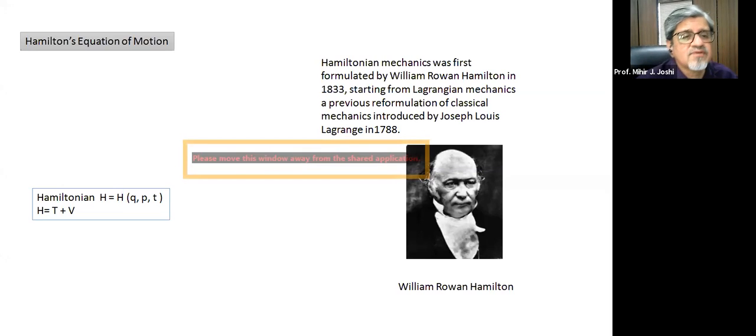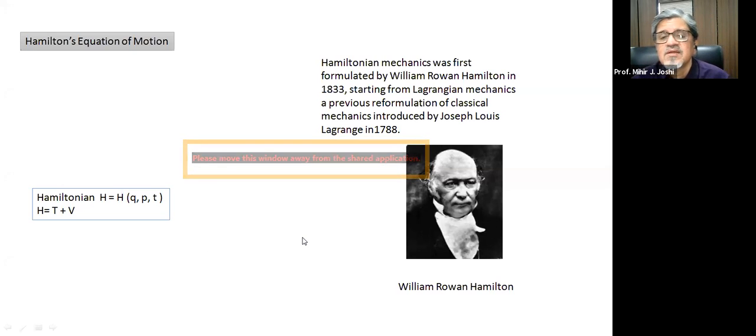We also know that the Hamiltonian can be represented as T plus V, where T is the kinetic energy and V is the potential energy. You can remember that the Lagrangian was represented as T minus V. There is a slight difference between Lagrangian and Hamiltonian.